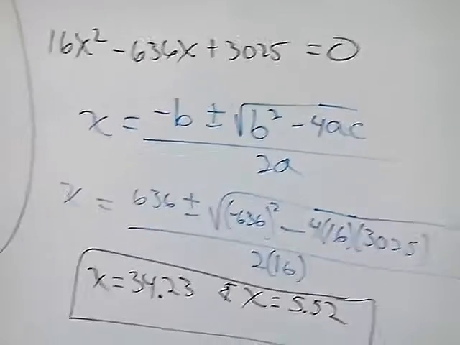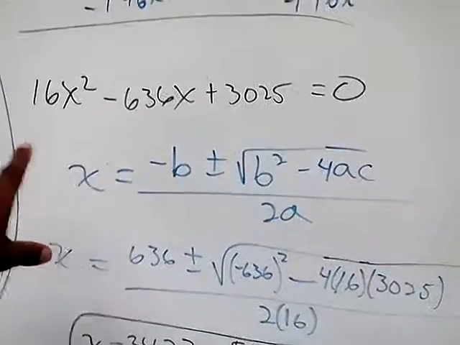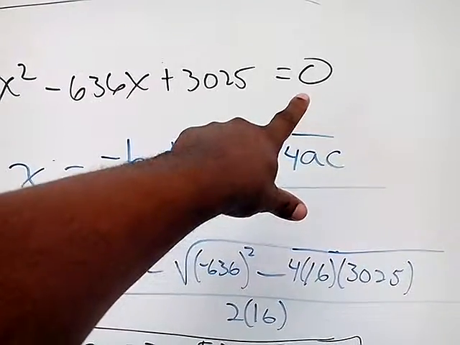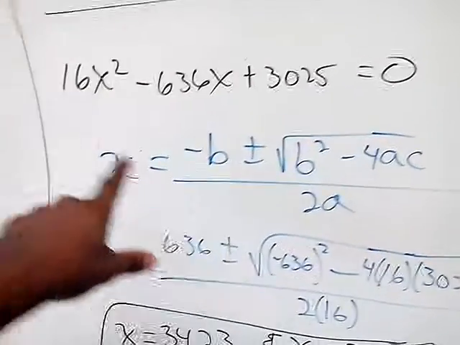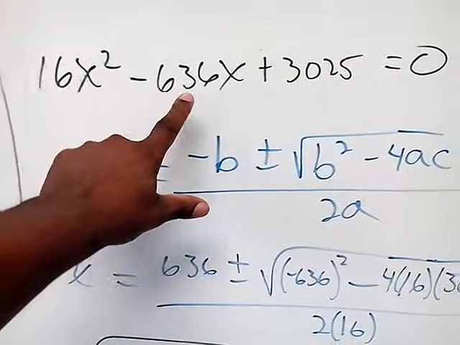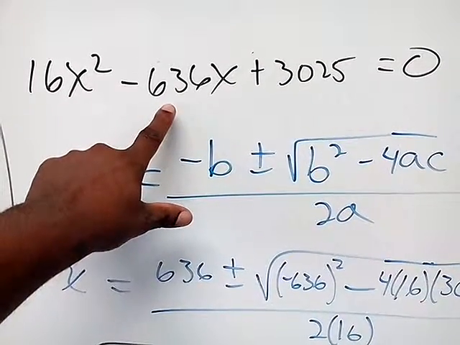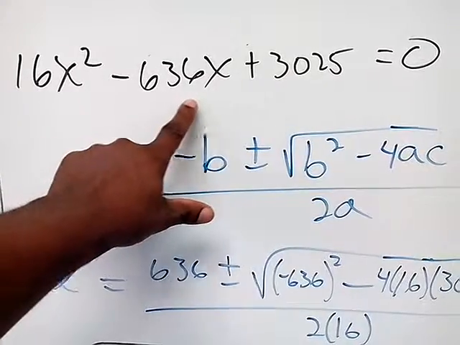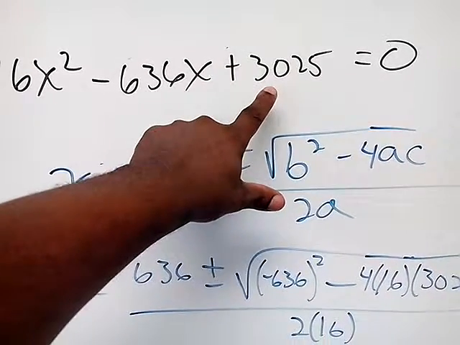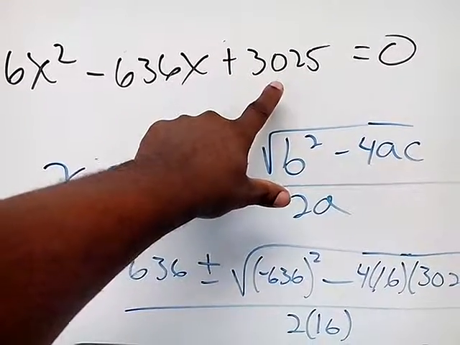Keep in mind that using the quadratic formula requires that we have the equation equal to 0, where a is 16, b is negative 636, and c is 3025.